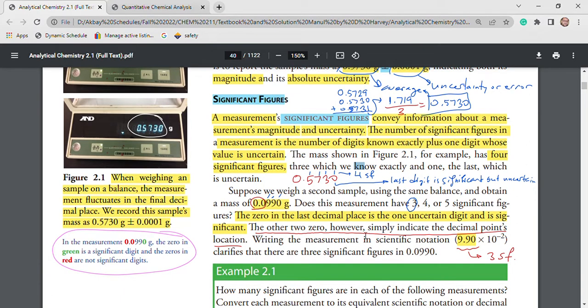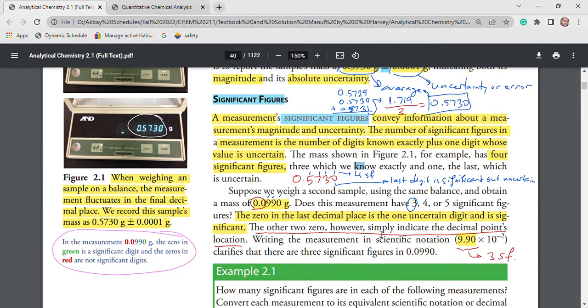And for example, if we use the same scale and measure another substance that weighs 0.0990 grams, we got 1, 2, 3 sig figs. The first zeros are insignificant because they are there to show where the decimal place is.